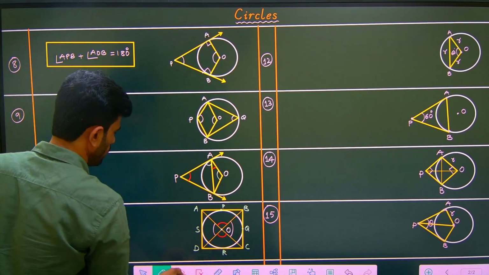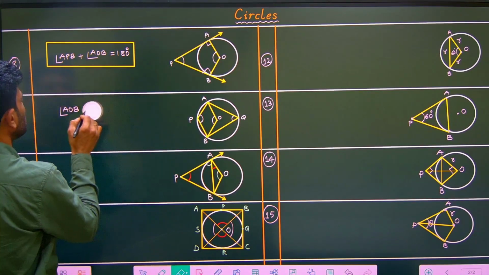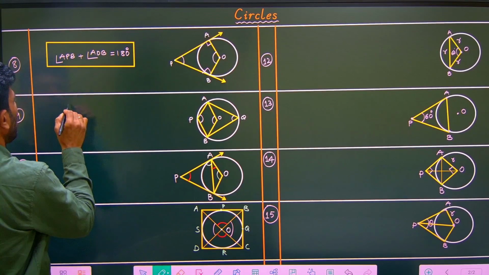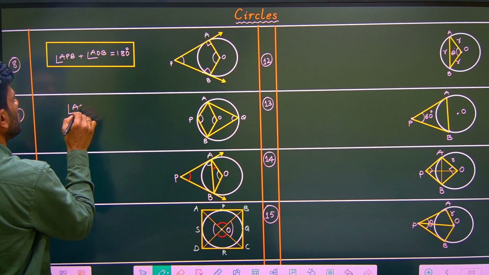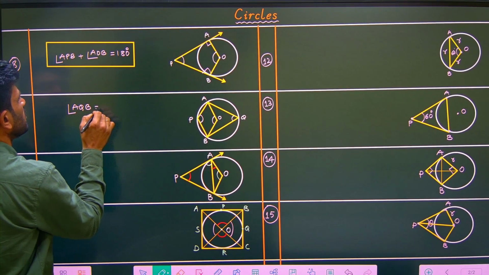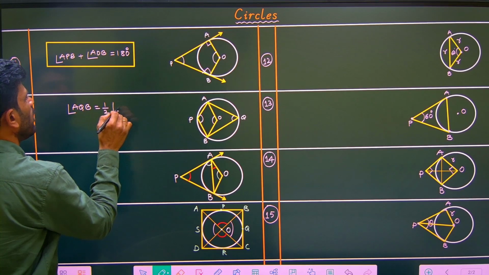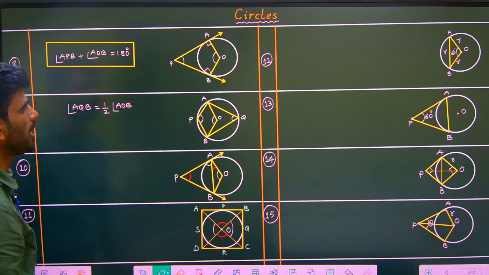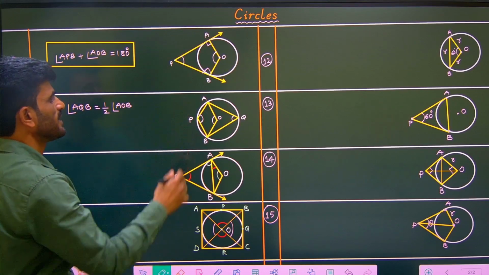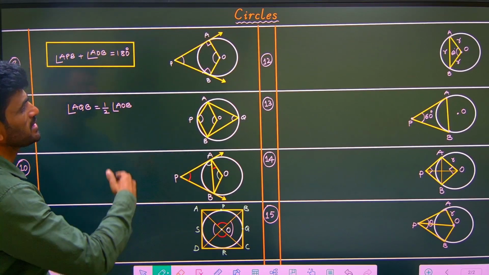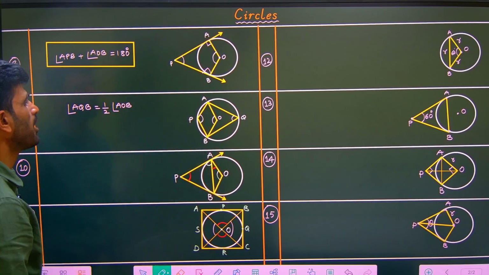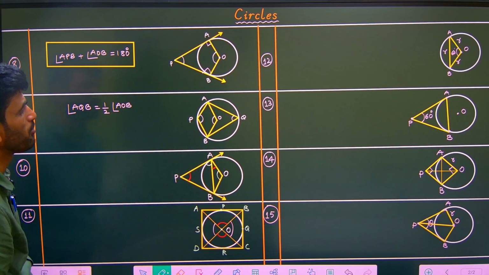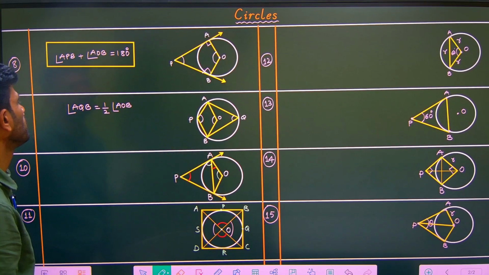Sorry, I wrote it in reverse. So angle AQB is half of angle AOB. The angle made by an arc at the center is twice the angle made by the same arc at any point on the remaining part of the circle. So here what?